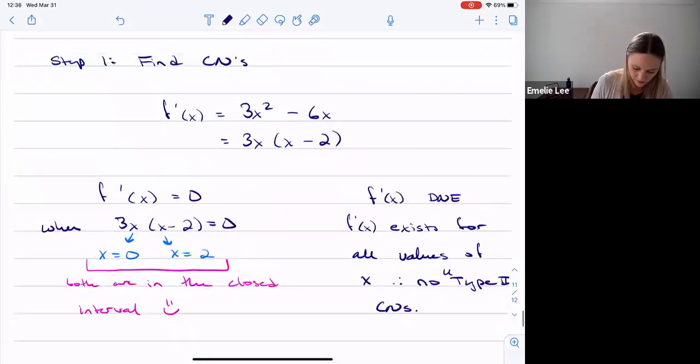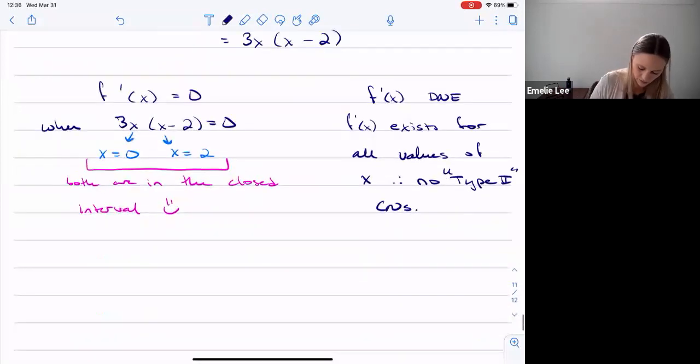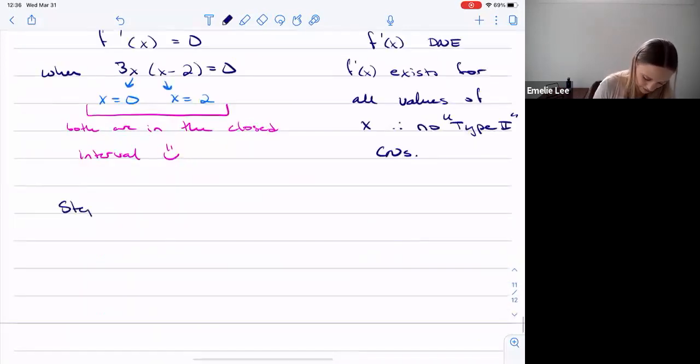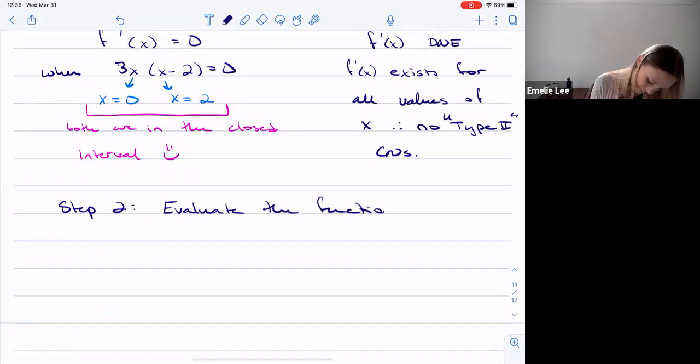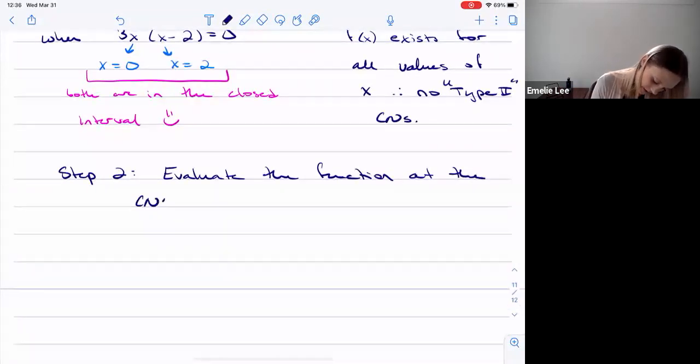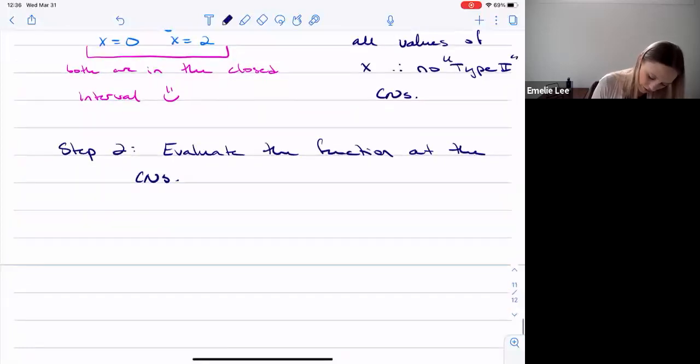Step 2, evaluate the function at the critical numbers. So we want to look at f of 0.